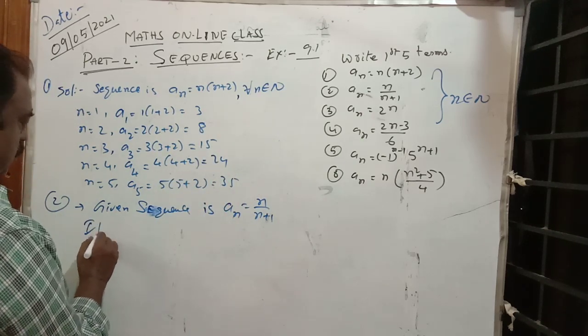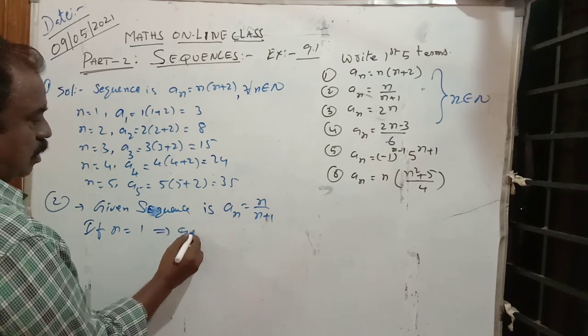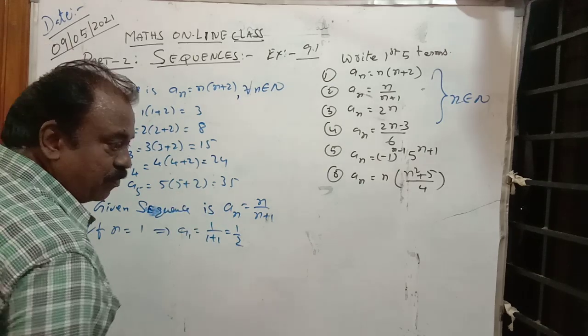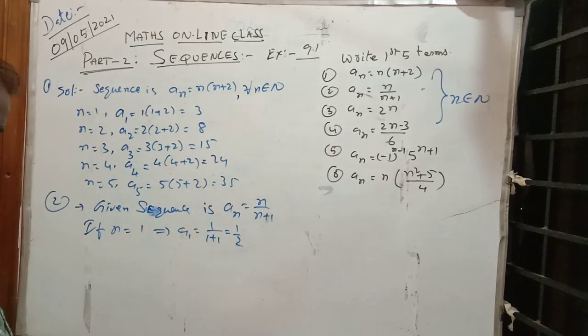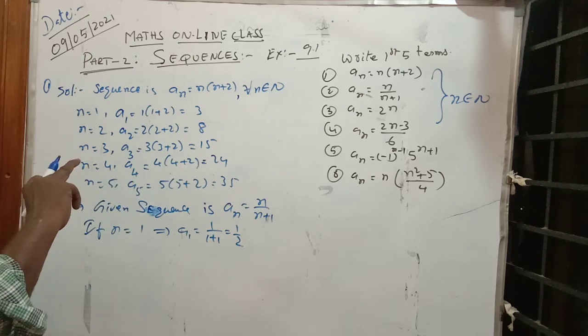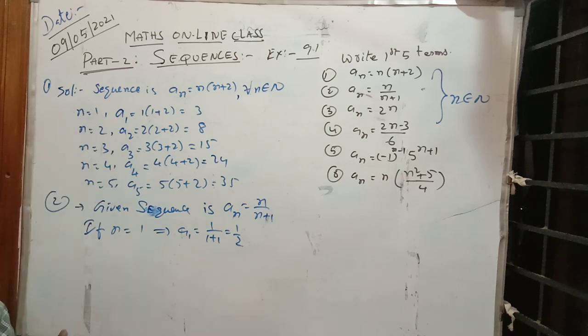So, if n is equal to 1, a1 is equal to 1 by 1 plus 1. It is 1 by 2. This is a different one. The fixed, definite rule is there. That rule must be in between every successive pair of the numbers, elements.